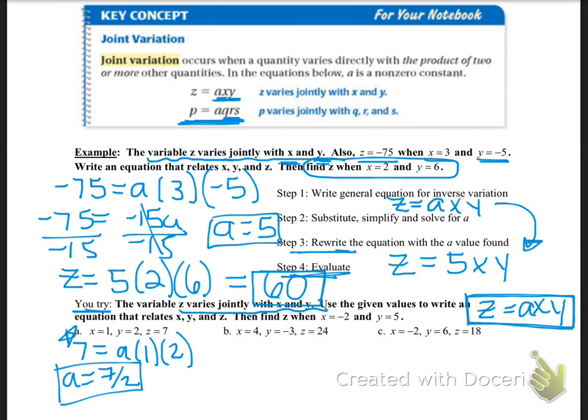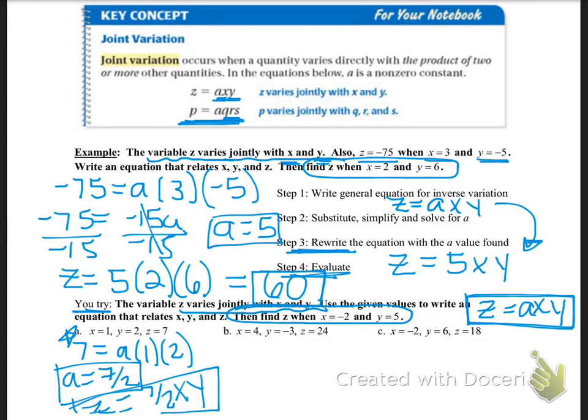Once I have a, I go on to step 3. Rewrite the equation, right? So now I have z equals 7/2 xy. Okay? And then the last step is to evaluate. So it says then find z when x equals -2 and y equals 5.